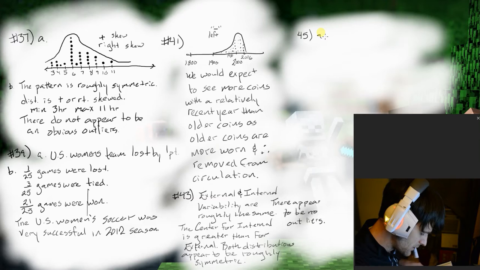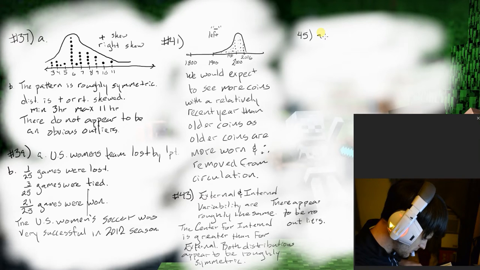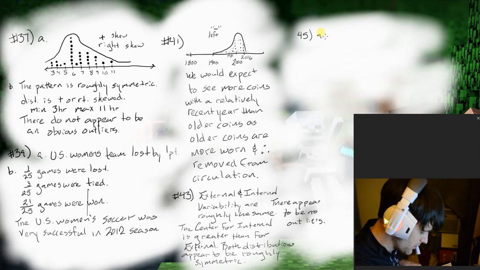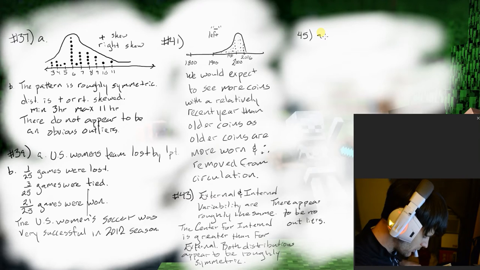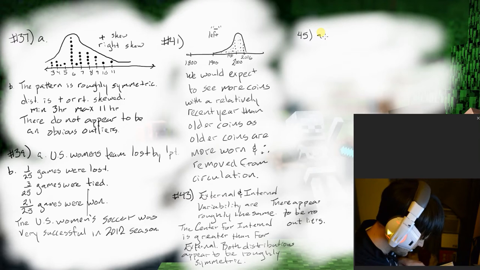If we hadn't split the stems, those numbers on the left side represent our whole numbers, and the ones on the right represent the tenths.